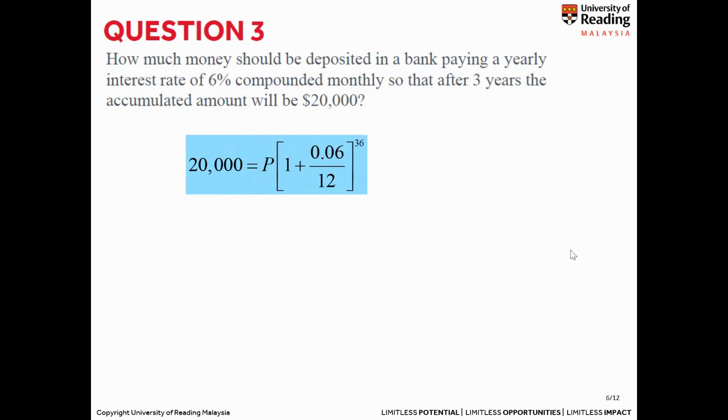Now you want to save after 3 years to get 20,000, so you need to find the amount that you need to put in. In this case, the interest is compounded monthly, so your M is 12. And 3 years, so the power here is 3 times 12, you get 36. All right, so please solve this problem.